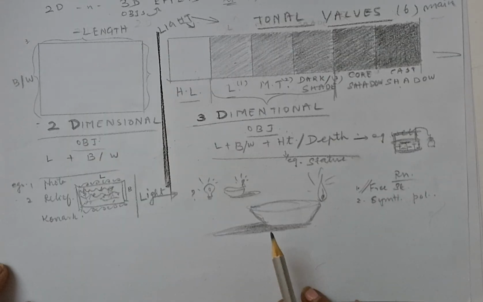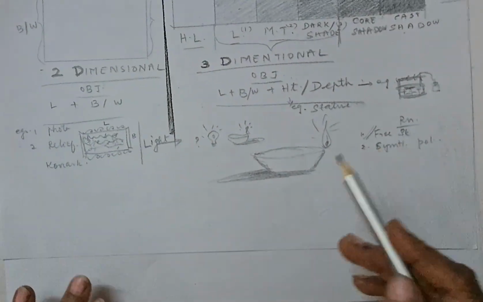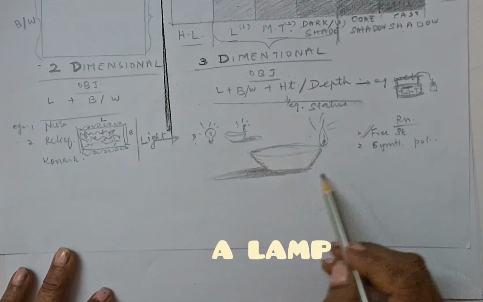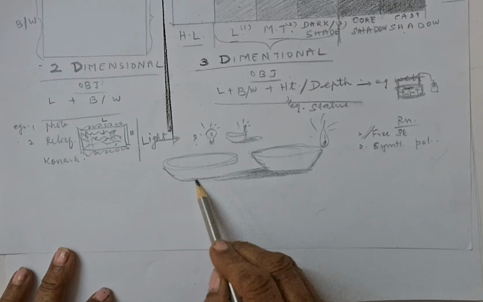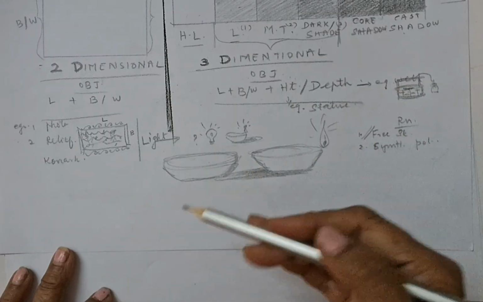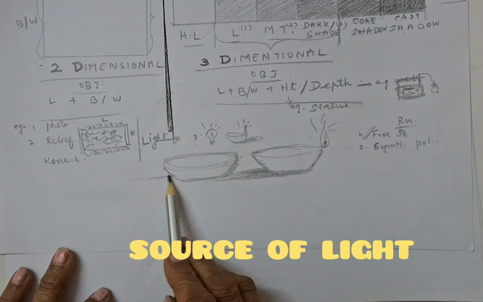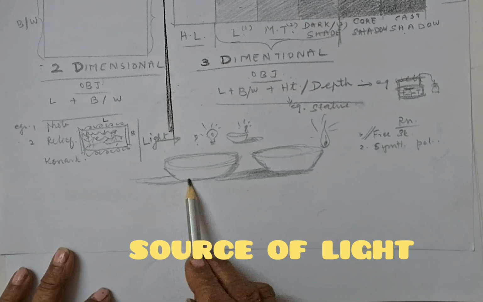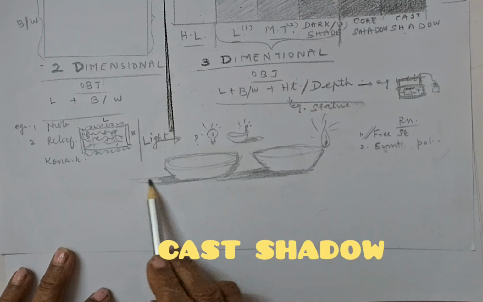For example, if there is a lamp, like this, I'll draw it again, a lamp or plate, anything or saucer, and you receive light from this side, then the cast shadow will fall on this side. That is determined already. This will be very dark, then afterwards this will go lighter.